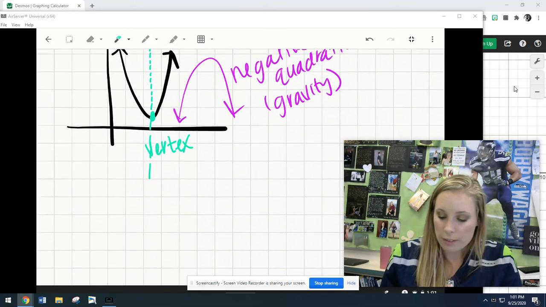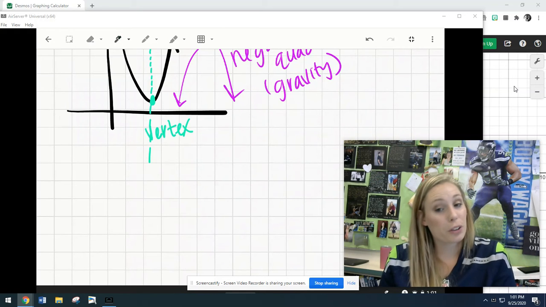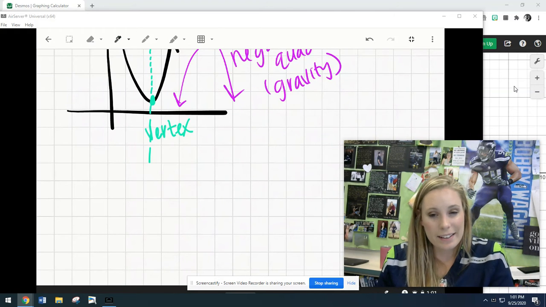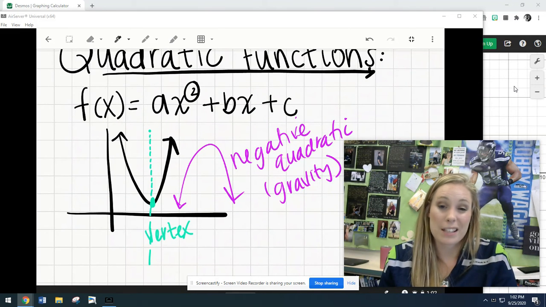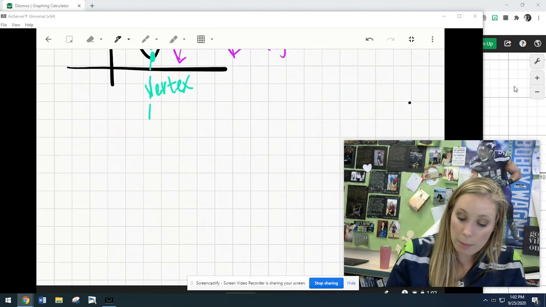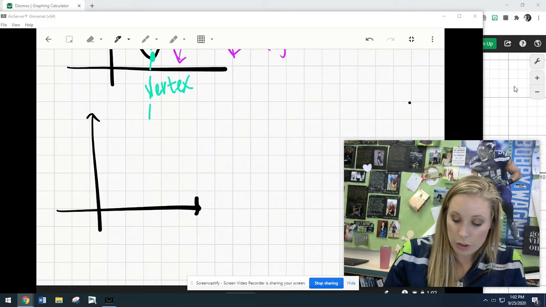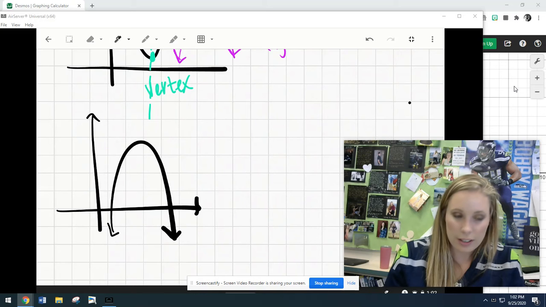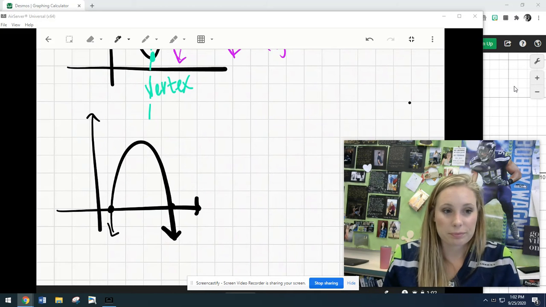A quadratic function can have up to, and if you remember polynomials, you can have up to n x-intercepts. Well, n is 2. That's our highest degree. So you can have up to 2 x-intercepts. A quadratic function like this has 2 x-intercepts.